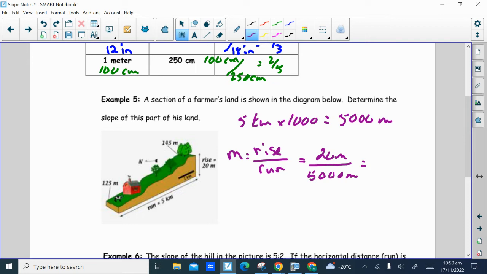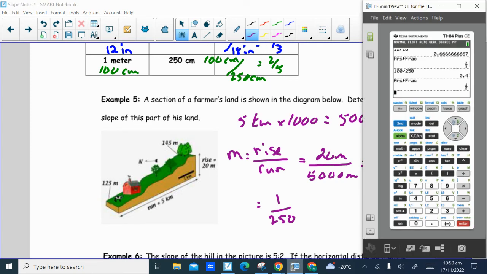Now, if we look at this, you can divide top and bottom by 10, which will take care of one of the zeros on the top and bottom. And then you can divide by 2 and get 1 over 250. There's the final answer.